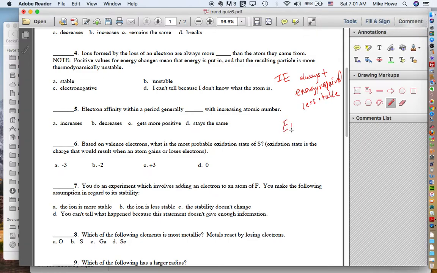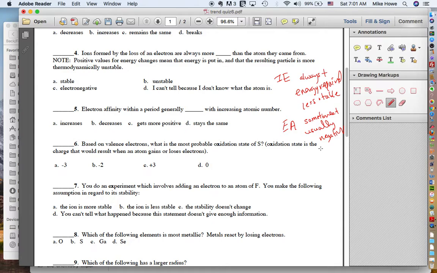Electron affinity is sometimes positive, usually negative. When it's negative, energy is out. So for the negatives, energy would be released.